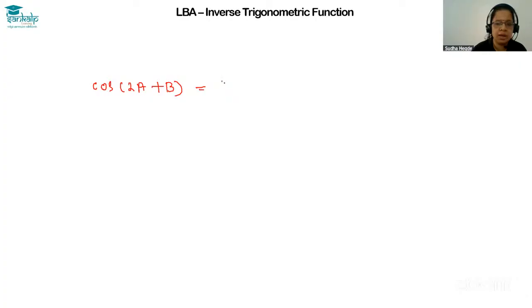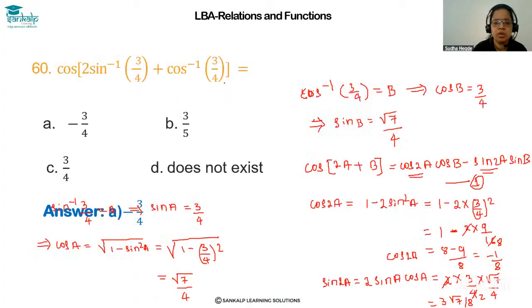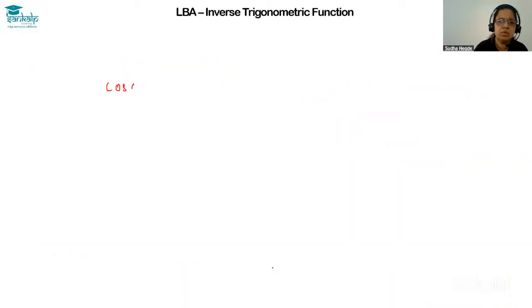Cos A you got it as root 7 by 4, and cos 2A you got it as minus 1 by 8.